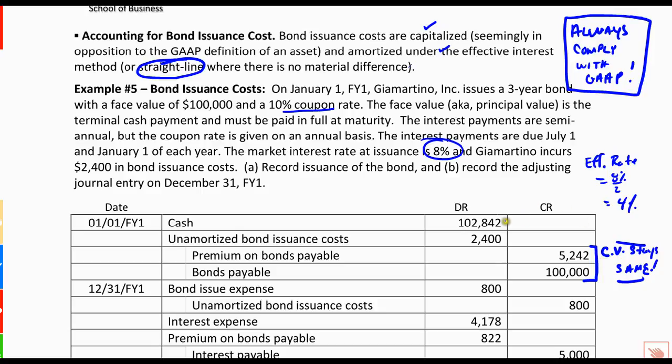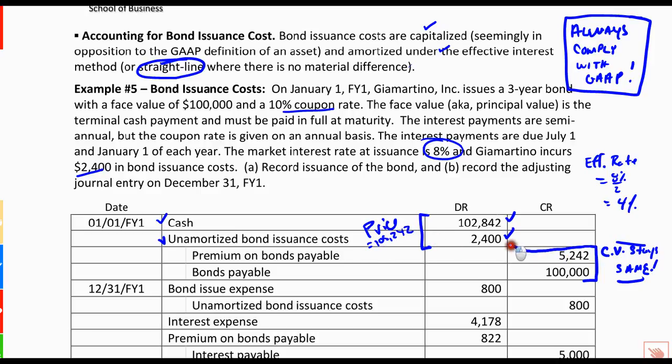All you do is take any bond issue cost out of the cash proceeds. So these two together now are the price, these unamortized bond issue costs, and the cash. This is the price. So we had bond issue costs of $2,400, and what we did was take 105,242, subtract out 2,400, and the price still equals 105,242.